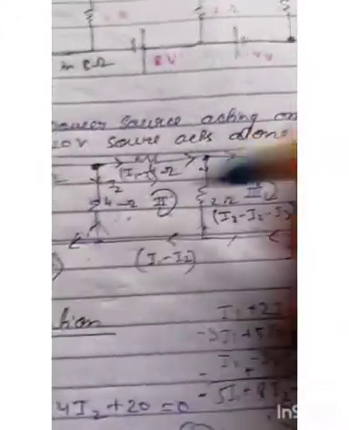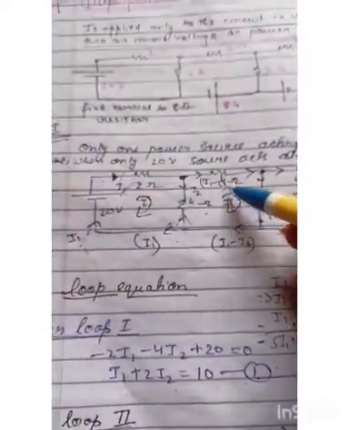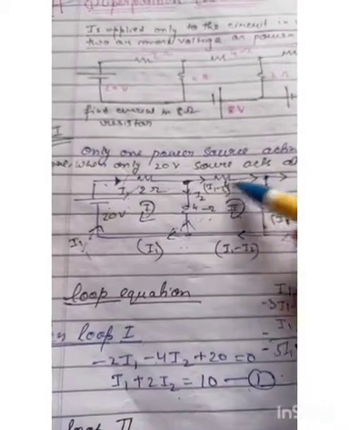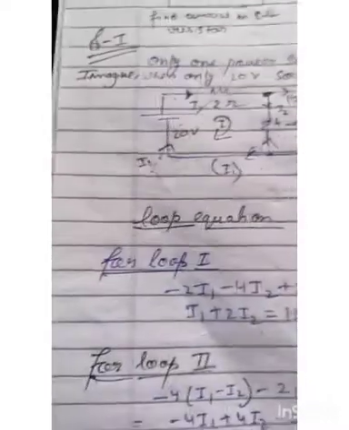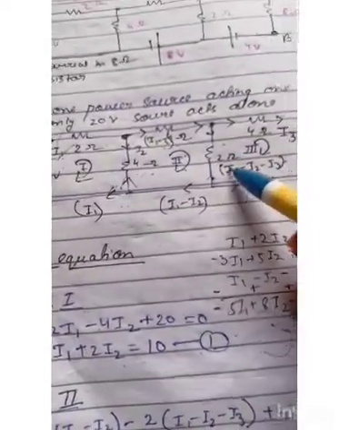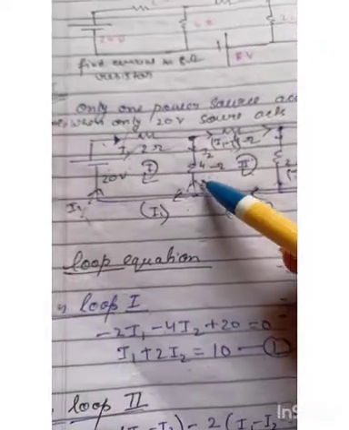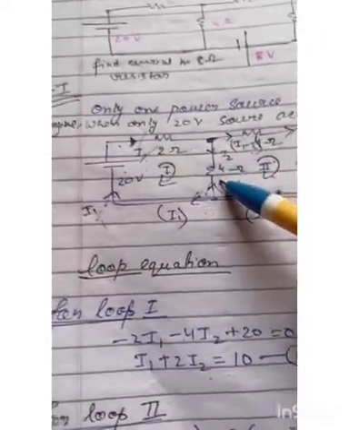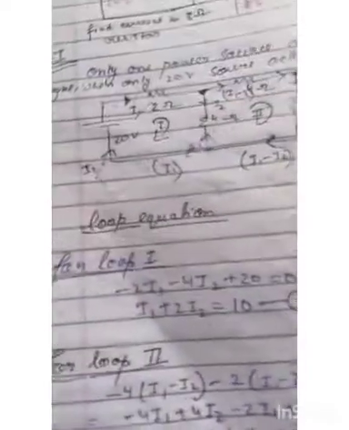Now for loop 2, we will find the loop equation. For loop 2, we write here 4, current and resistor are in the same direction, so we use the negative sign, negative 4 of I1 minus I2. Now same direction, current and resistor, I1 minus I2 minus I3, negative 2 of I1 minus I2 minus I3. Now here 4, current and resistor are in opposite direction, then we use the positive sign, that is plus 4I2. We equate it to 0.